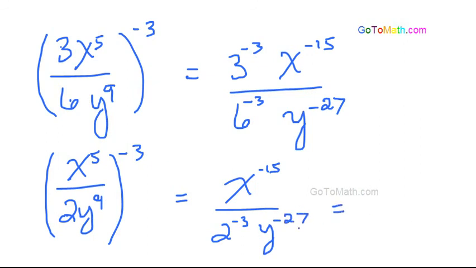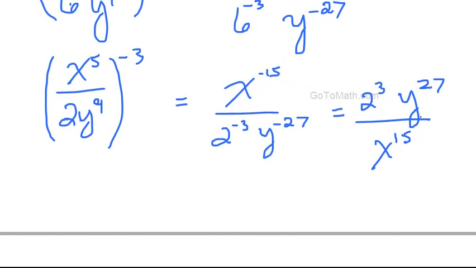Alright, we want to write with positive exponents, and that means we're going to be switching places here. So we're going to have 2 to the 3rd up in the numerator, y to the 27th, and then x to the 15th. Just switch places so we all have positive exponents.